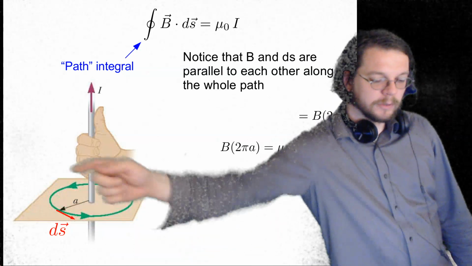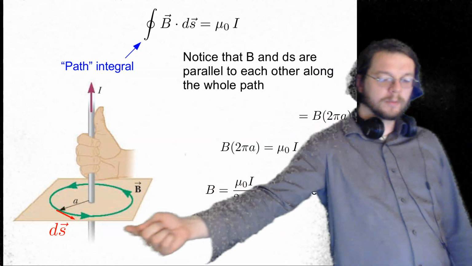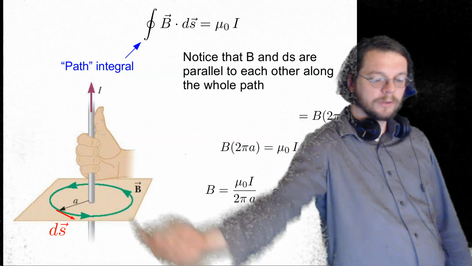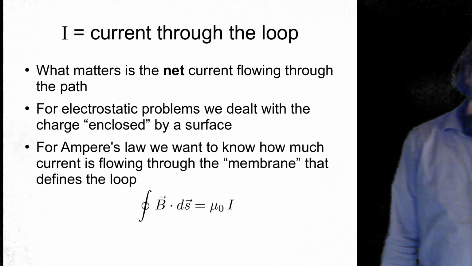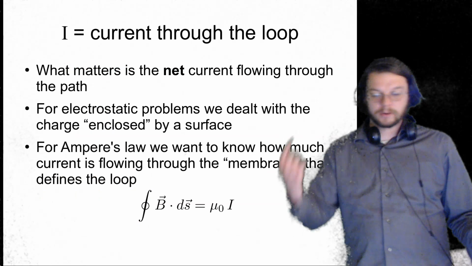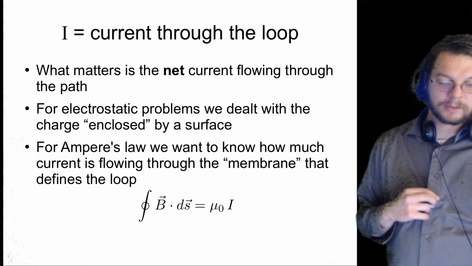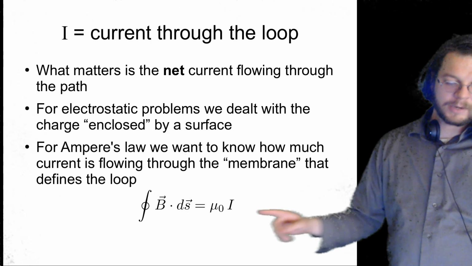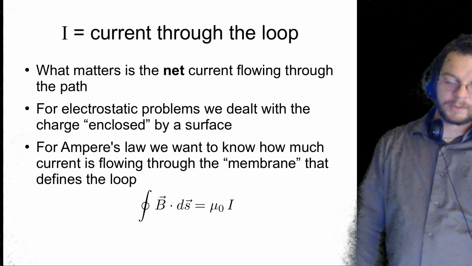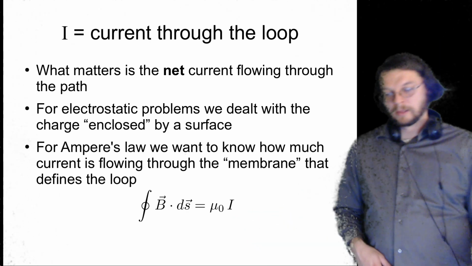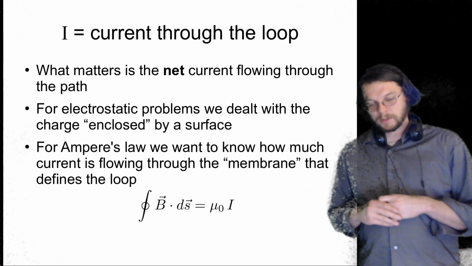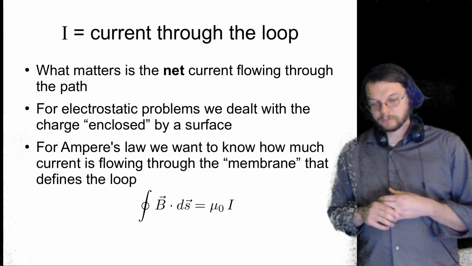So there's a loop here that we're doing. The important thing is that the current here is the current through that loop. So if the current is going up, then the current is adding. If the current's going down, the current's going the other way. Maybe it's subtracting. So sometimes I like to write this as I through, and I think even on the equation sheet it says I through, because it's the current that's going through that loop.